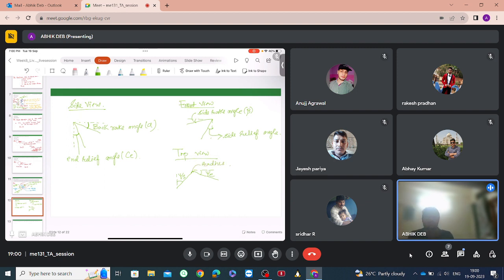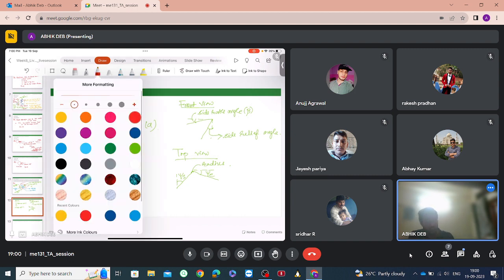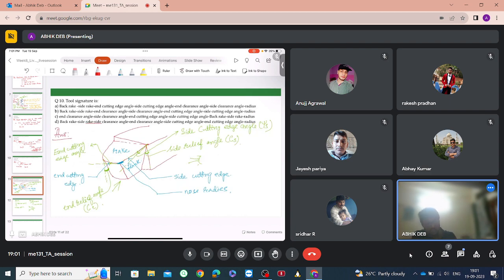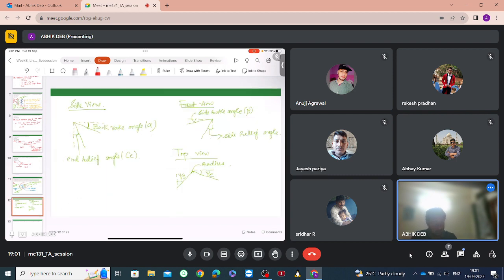Now, when we specify the tool signature, we will move first with rake angles, back and side. Then we will move to clearance angles, end and side. Then we will move to cutting angles, end and side, and then we will go to radius. First, we will write the rake angles.